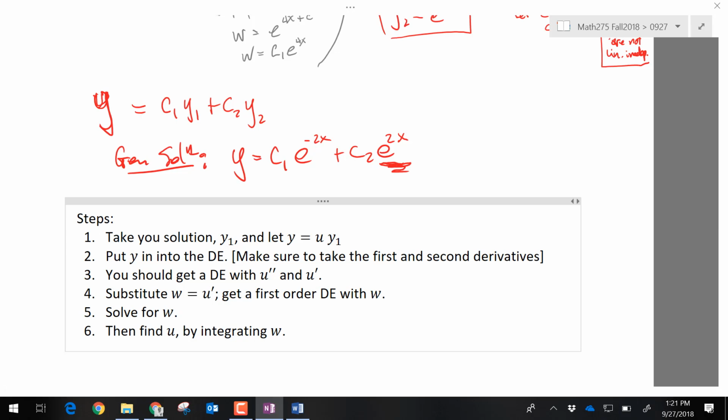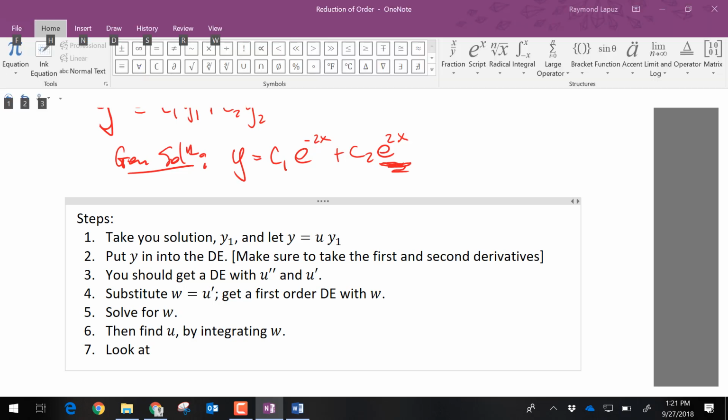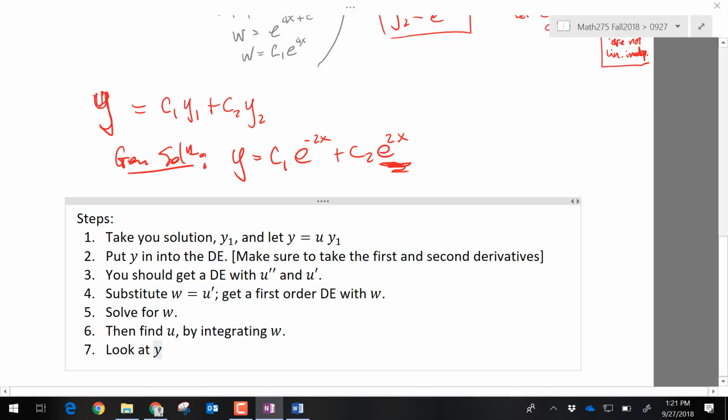And then after we found that, we're going to go back and look at your y equals u times y1 and eliminate any redundant terms.